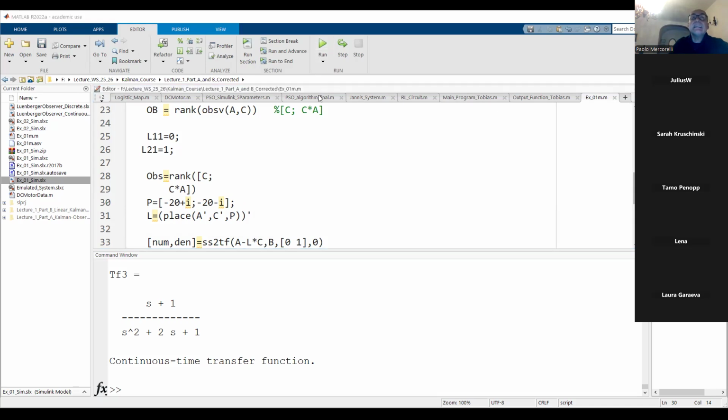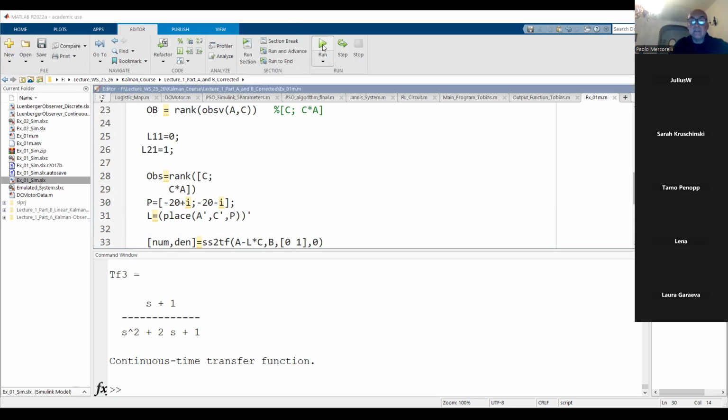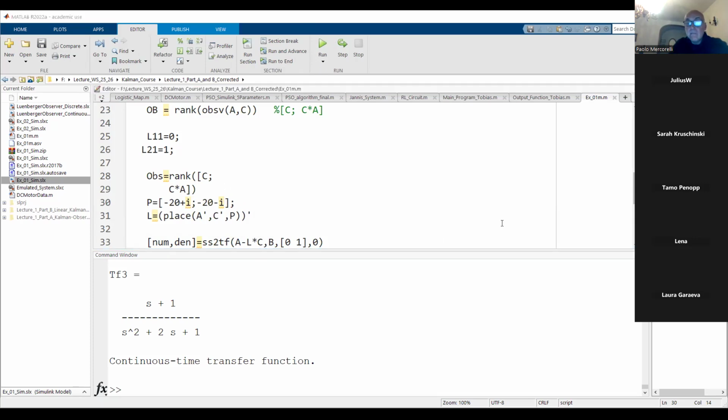Now we will see that the estimation at the beginning will be a little bit better, but I need more time because I reduce in absolute value the eigenvalues of the observer. This means the observer will be slower, but at the beginning more precise.